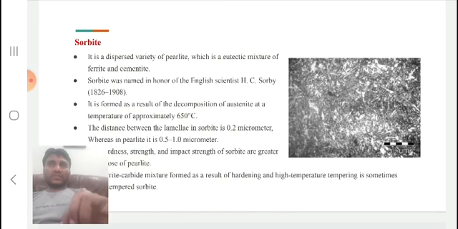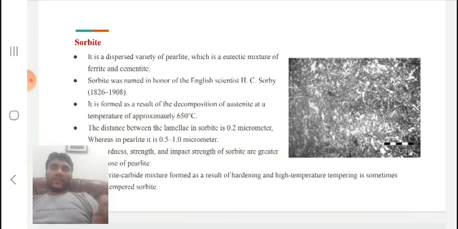The distance between the lamellae in sorbite is 0.2 micrometer, whereas in perlite it is 0.5 to 1 micrometer. So it is very fine compared to the perlitic structure, whereas in trustite it is 50% less than the sorbite.